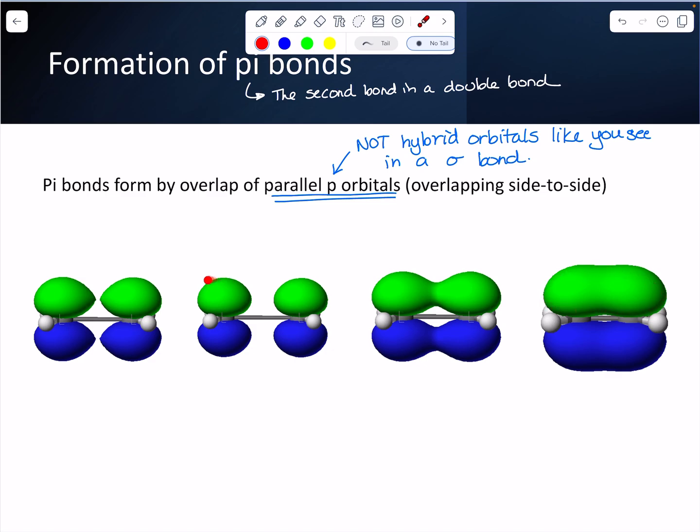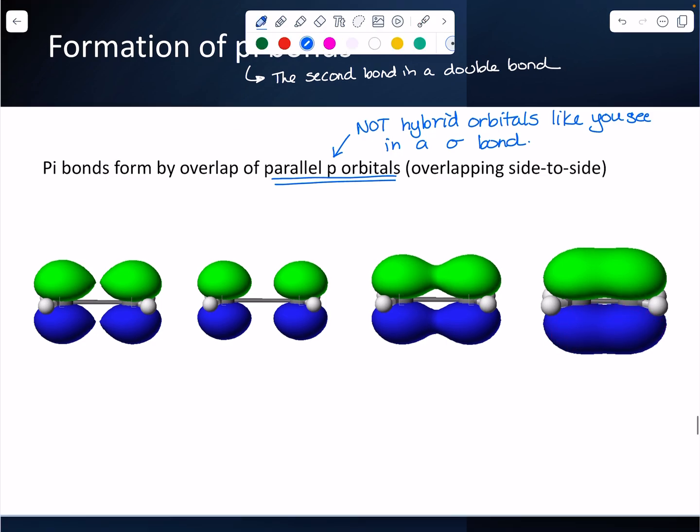Here are your two orbitals, and when your atoms are close enough, they will overlap, and the electrons spend their time in between the two p orbitals. This right here is your pi bond electron density. We typically think of it as being above and below the plane of the atoms involved in the bond.